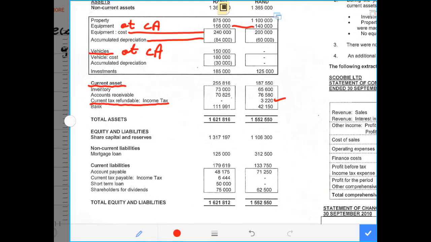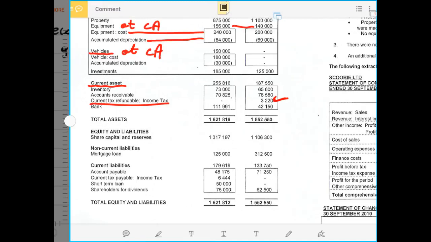That means this income tax is an asset, meaning SARS owes us the tax of 3,220 rand. So when we are calculating income tax, we have to consider that the opening balance of the current tax refundable will be on the debit side because it is an asset, hence it is recorded under current assets.